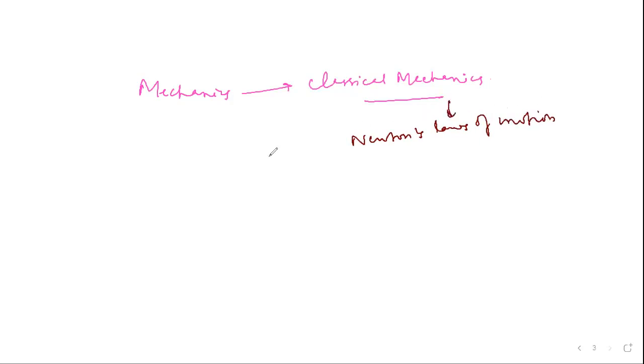So classical mechanics is all about Newton's laws of motion. When we use Newton's laws of motion to discuss mechanics, we say we are studying or dealing with classical mechanics, right?